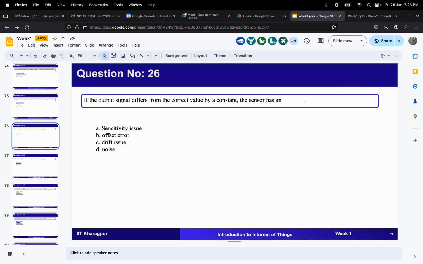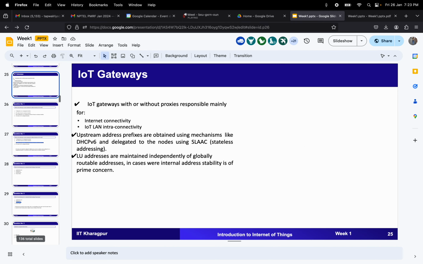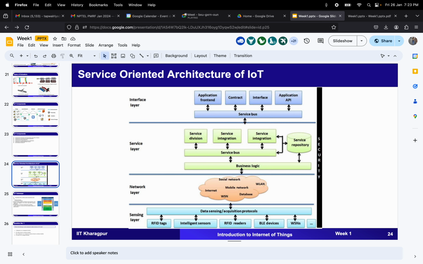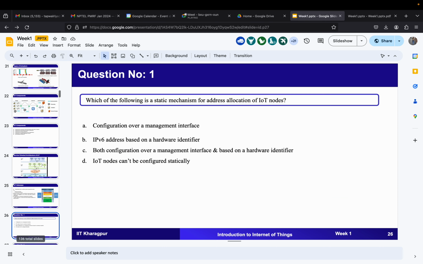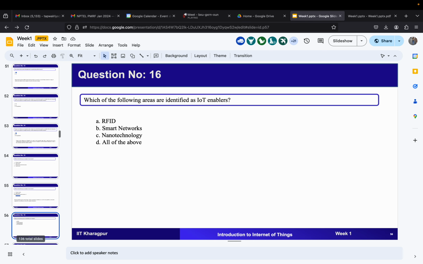Okay, go to slide number 24. Check service layer. In service layer, service division is there, service integration is there, service repository is there, service bus is there, business logic is there. Contract is not there. So the correct option for this is contract.